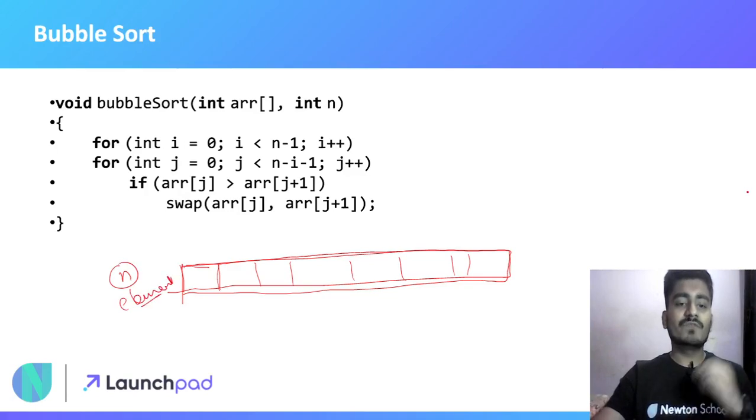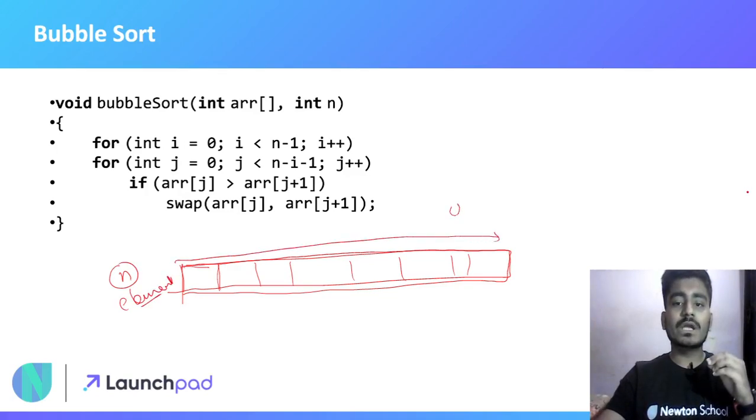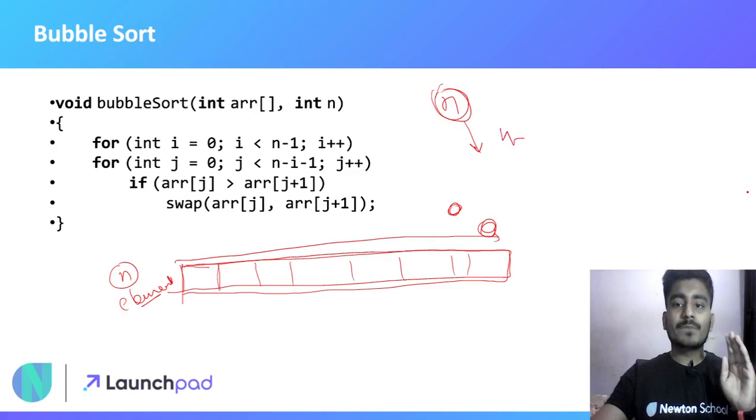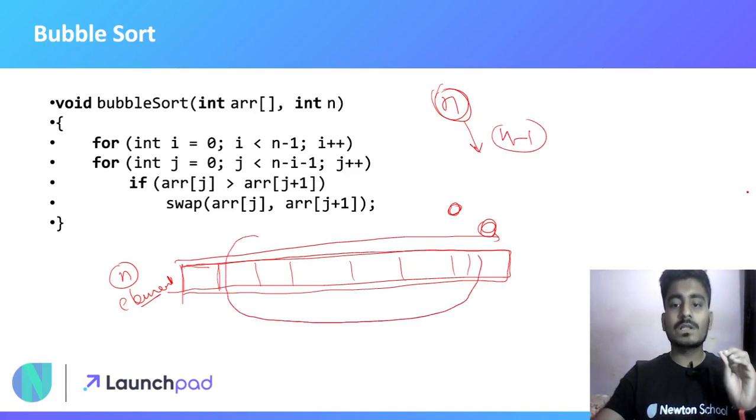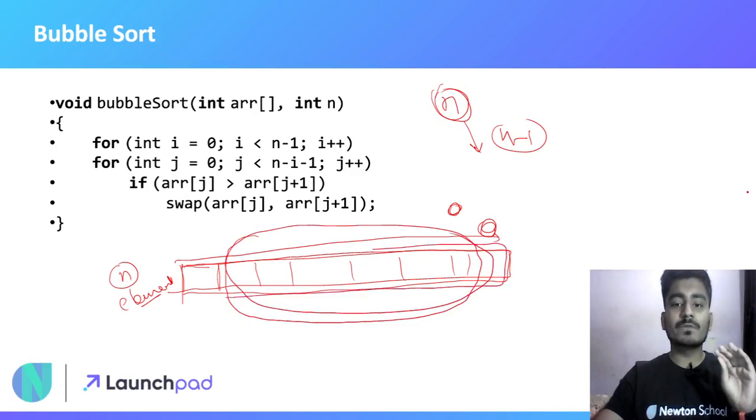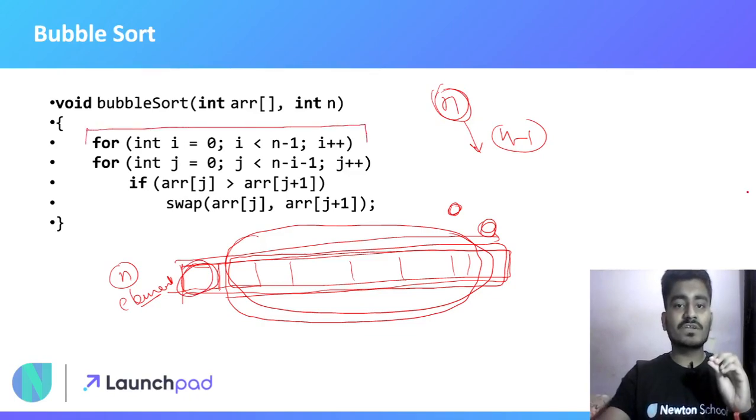In one iteration we bring one element to its correct position. So the total number of iterations we need is n, but this can be done in n minus 1 iterations also, because when n minus 1 elements are at their correct place, the last element will automatically get in its correct place. That's why we are doing only n minus 1 iterations here.